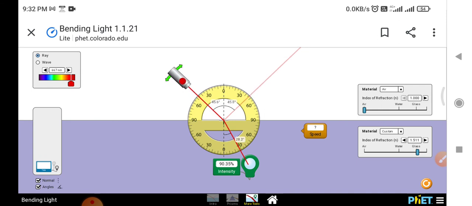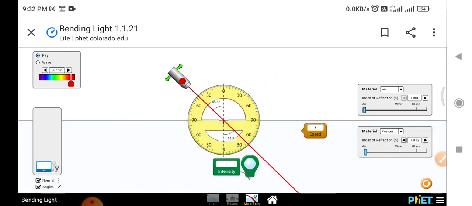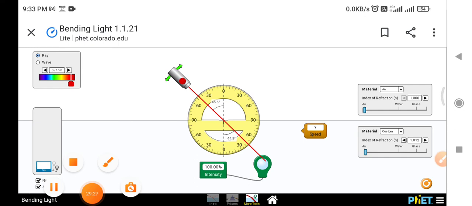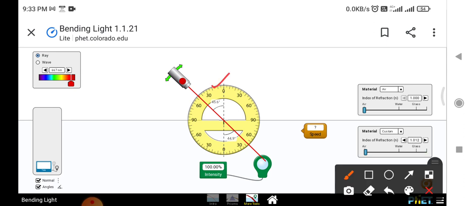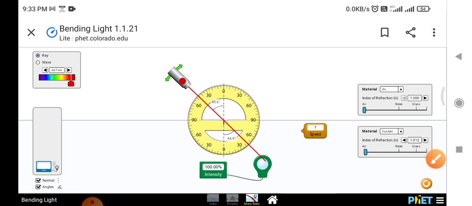If I change the medium, here air, the intensity of the light is 100%. The angle of incidence is 45.6. The angle of refraction is 44.9. See here, 45.6 and 44.9. If I slightly change the medium, the angle of refraction changes.